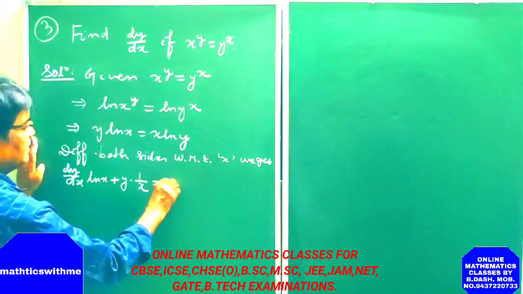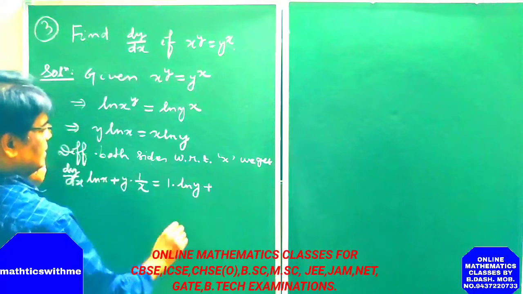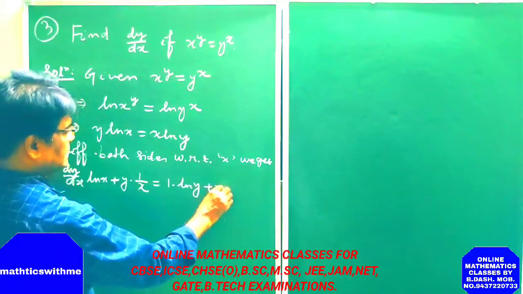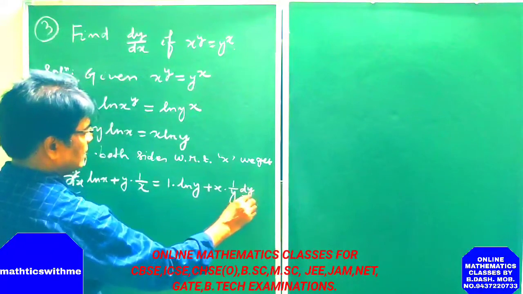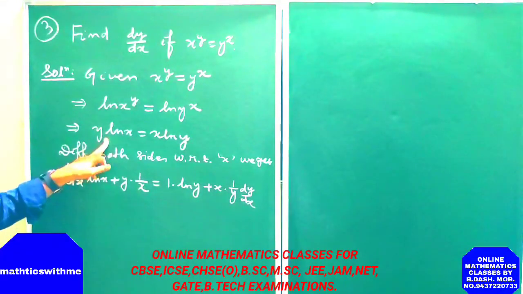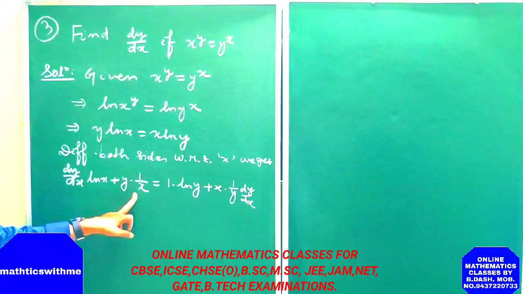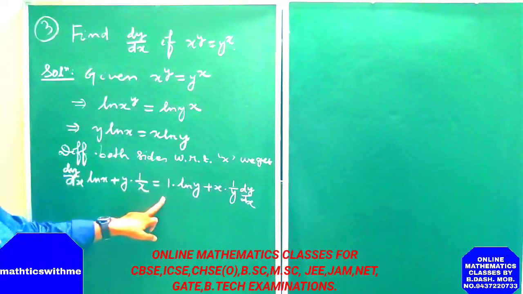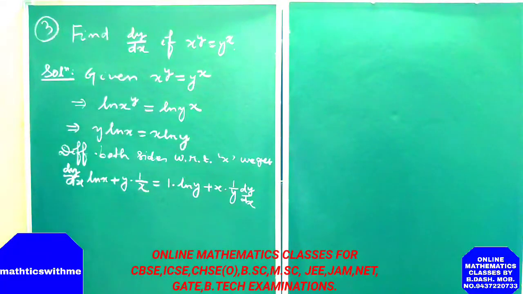This is equal to derivative of x is 1 into ln y, then x, derivative of ln y is 1 by y dy/dx. So we have applied the product formula. Derivative of y is dy/dx into ln x, then y derivative of ln x is 1 by x. Derivative of x is 1 into ln y, then x derivative of ln y is 1 by y dy/dx.